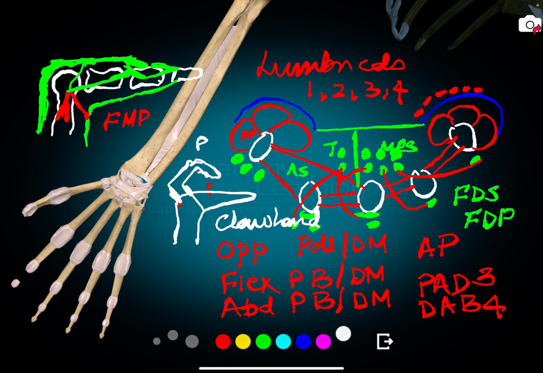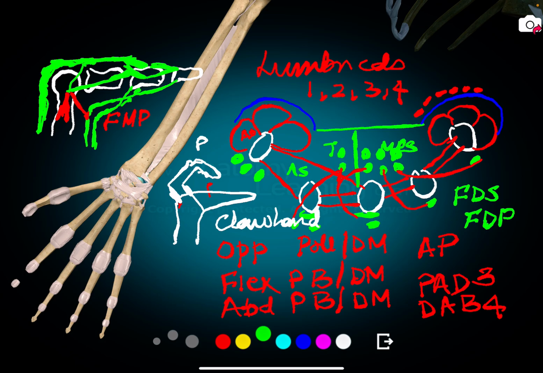Now the flexor digitorum superficialis muscle is superficial to this tendon. It splits into two and gets inserted into the intermediate phalanx. Therefore, the flexor digitorum superficialis flexes the PIP joint. So, this is the importance of these muscles which we have placed as lumbricals.